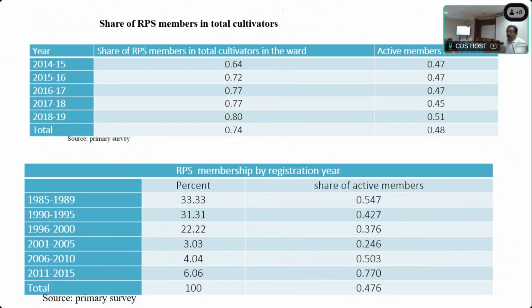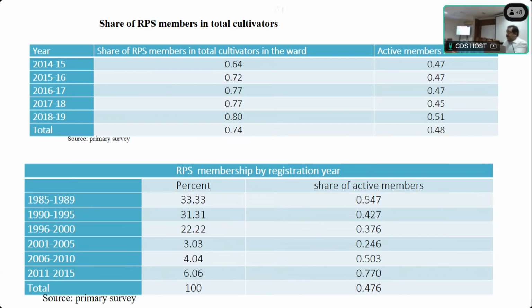So on average between 2014-15 and 2018-19, about 74% of the total cultivators in that particular ward are RPS members. If you are a rubber cultivator, about 74% of them are RPS members. Also, you can see that from 2014 onward, there's a gradual increase in the total number of RPS members in the wards.